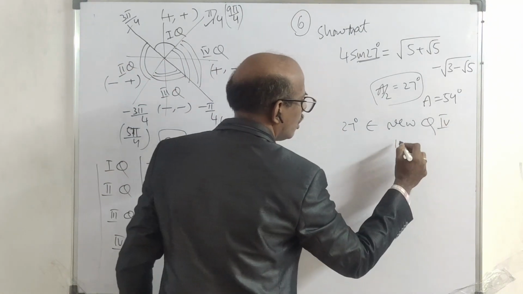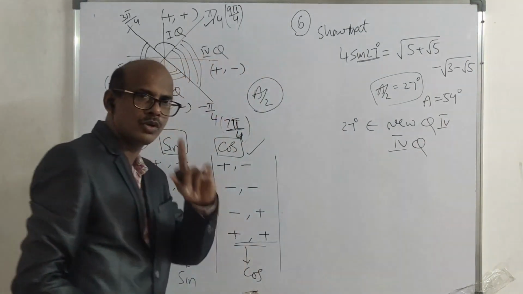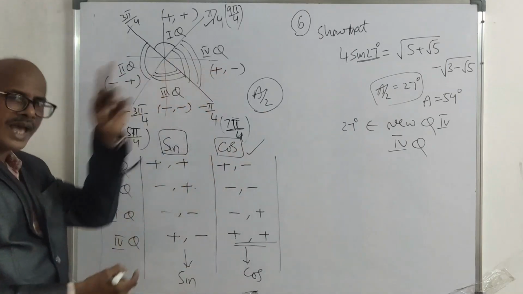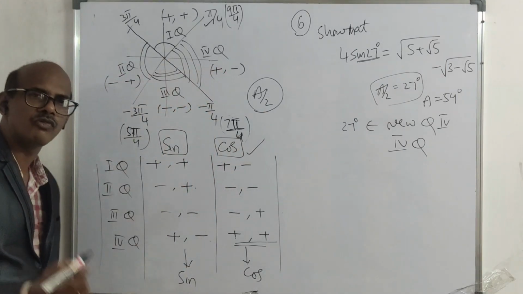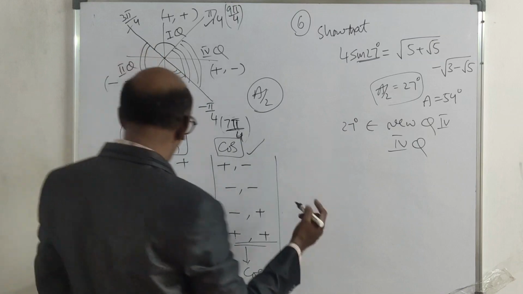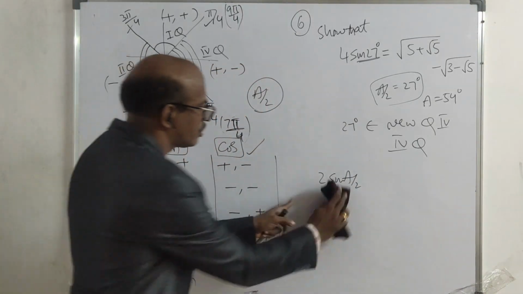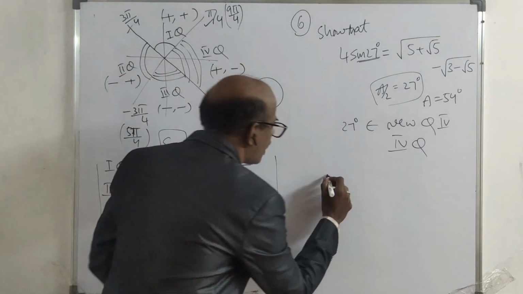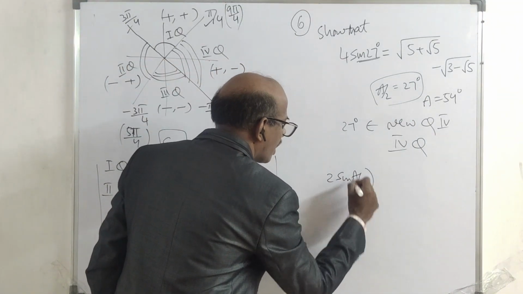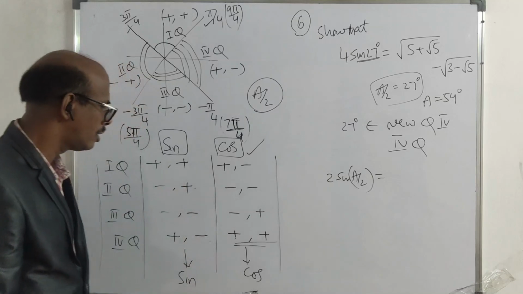For the sine problem, this is the table for sine. For cos, this is the table. Concentrate, don't deviate. It definitely takes time for understanding each and every point.